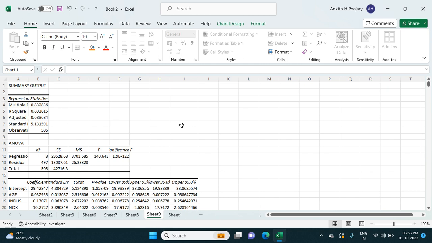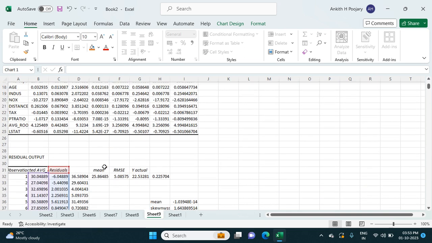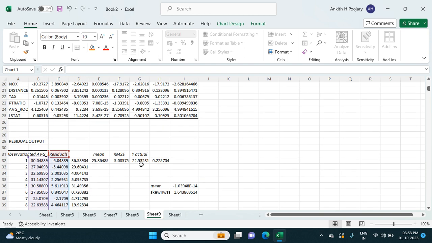In order to call any predictive model the best, it should fulfill some conditions. First, the R square should be greater than 62%. The p-value of all the variables should be less than 5%, and the RMSE value should be 5% or 10% of the y actual.